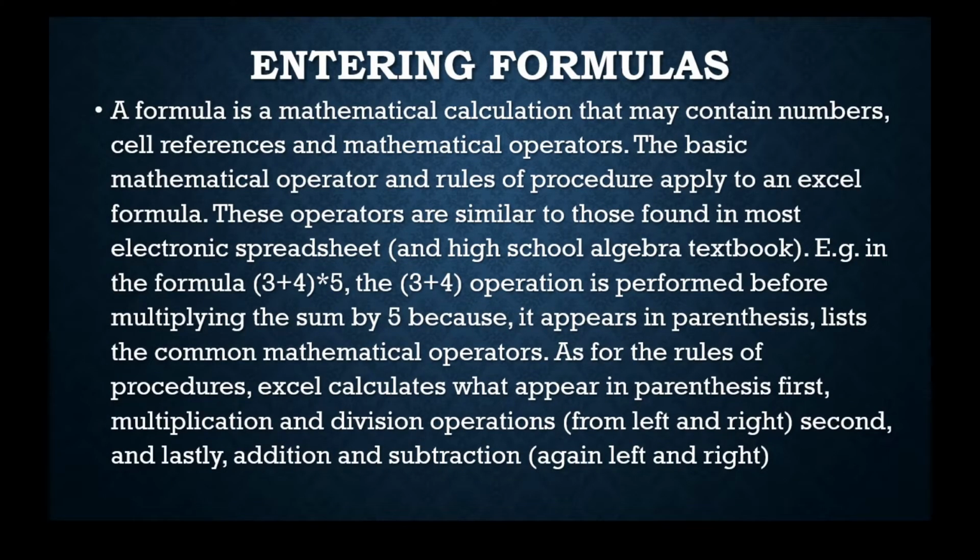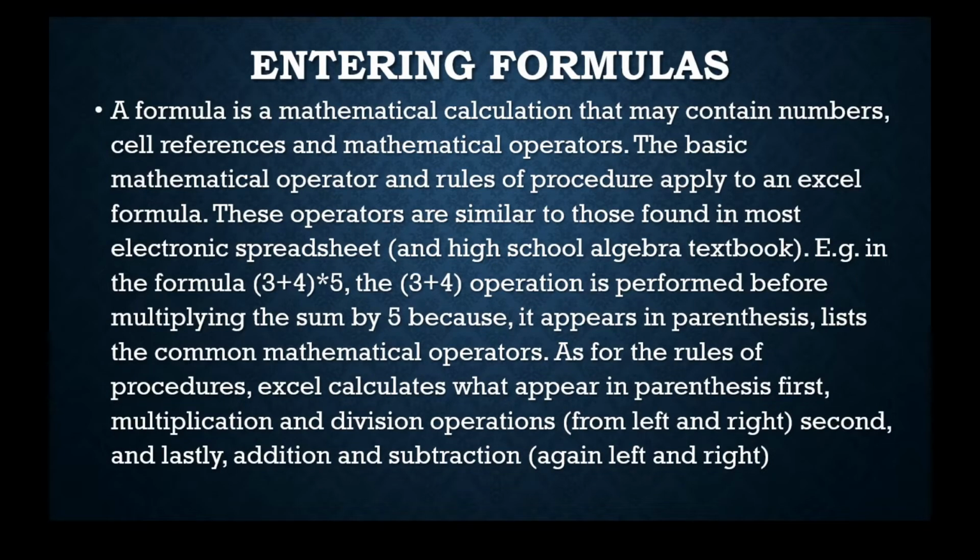Example: in a formula 3 plus 4 times 5, the 3 plus 4 operation is performed before multiplying the sum by 5 because it appears in parentheses. List the common mathematical operators.